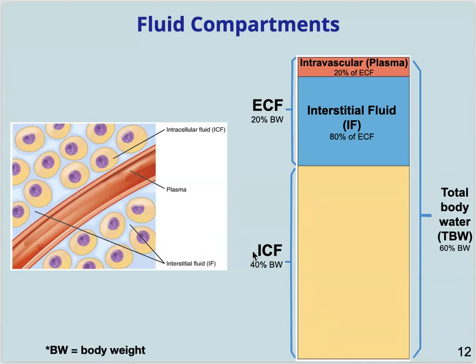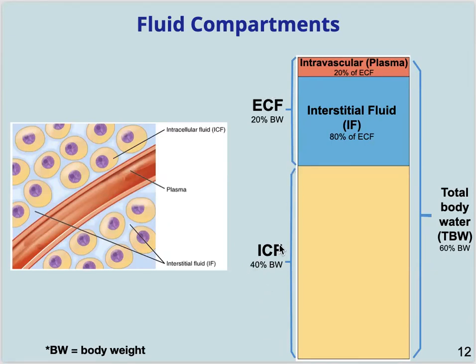Intracellular, as the name indicates, is all the fluid volume located inside the cells. So if we were to measure the volume of water in each cell and then add it up across all the cells in our body, that occupies about 2/3 of our total body water.